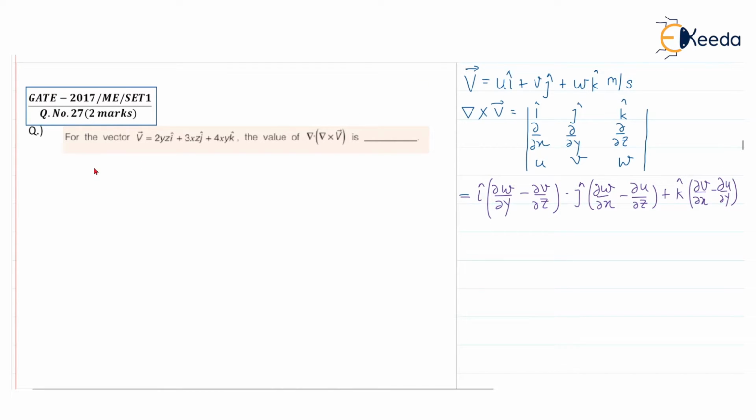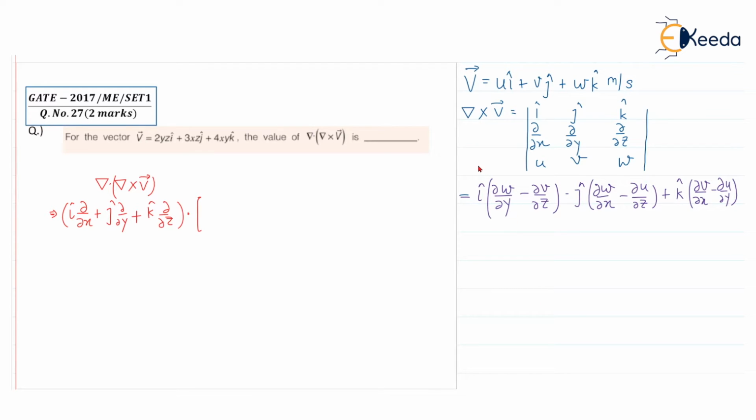In the question we have to find del dot del cross v vector, correct? So we can write the complete equation. Del is an operator and it is equal to i into dou by dou x plus j into dou by dou y plus k into dou by dou z, dot product of del cross v.